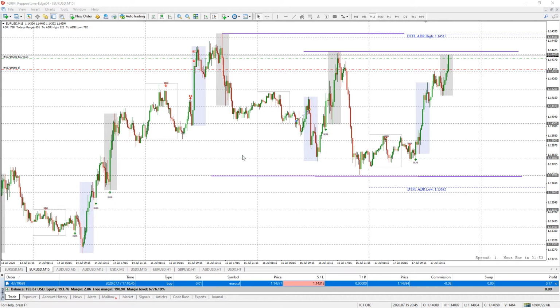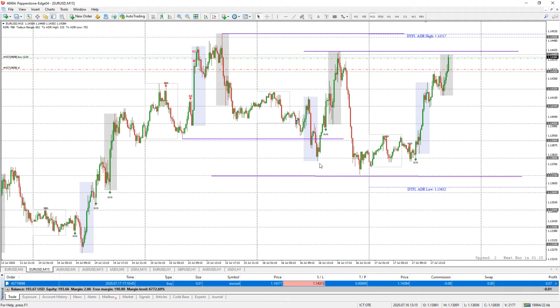So let us take a look at yesterday, which was actually quite interesting. If we were to take here yesterday's low, and the day before yesterday, price closed near its low, and then after that it drifted down, and in the London session it broke the low.